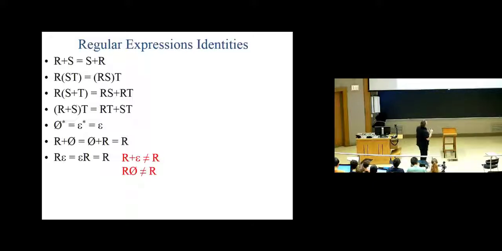But union preserves commutativity. The second one is the associativity law, right? R(ST) is the same as (RS) and then T concatenated to that. So concatenation has associativity as a property, right? The third one is the distributive law of concatenation over union.